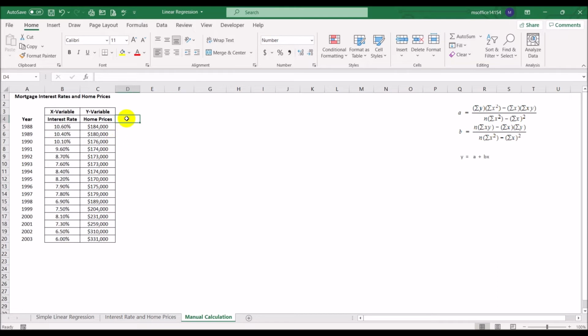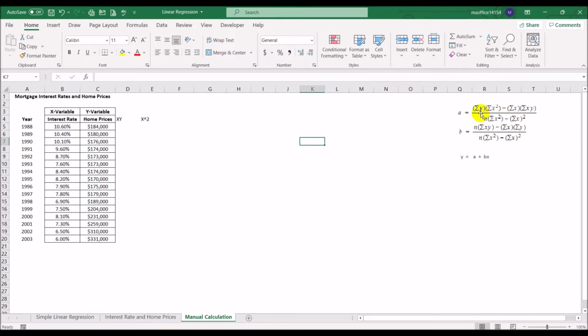Now we'll create a column for xy and a column for x squared, and that's all we need. So you have x, y, xy and x squared.